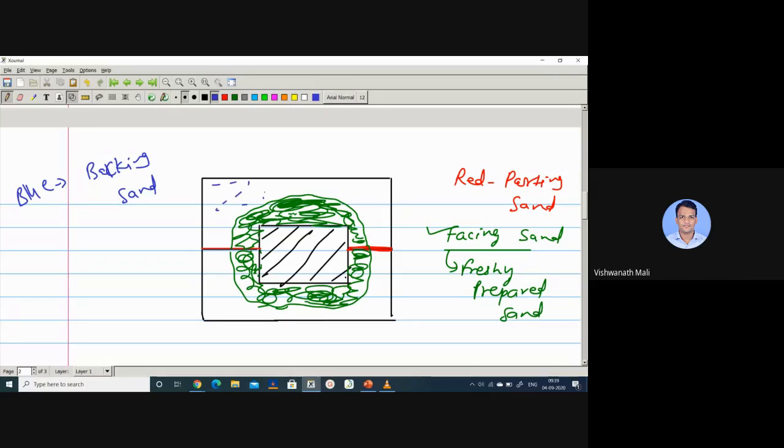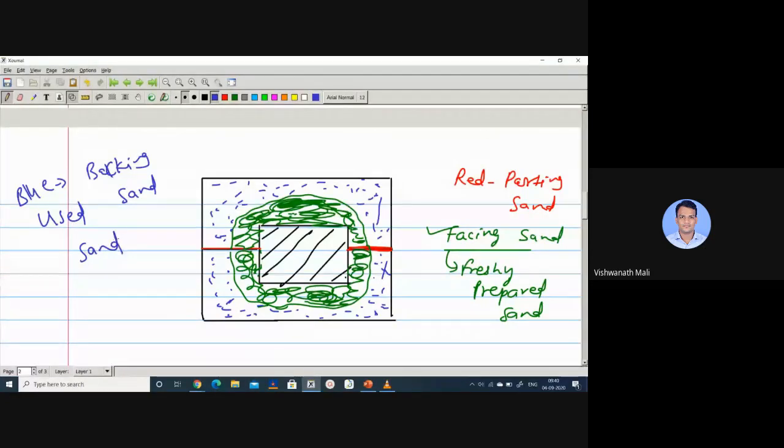Whatever blue part you see, that is called backing sand. So this is used sand.